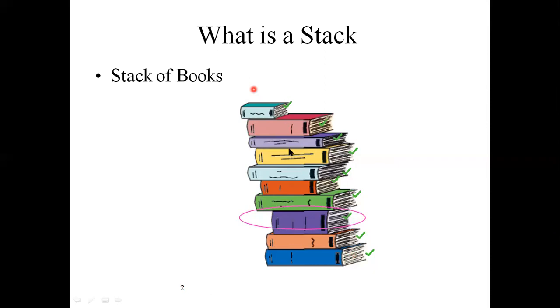The first book that you placed upon the table will come last. The elements are also like that only. If you want to retrieve this book, actually this book is placed at the last position, but it will come out first. This is the nature of the stack.